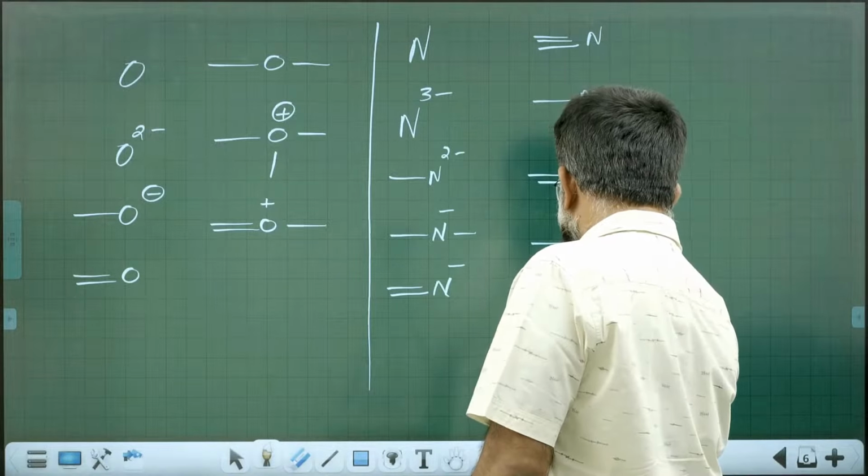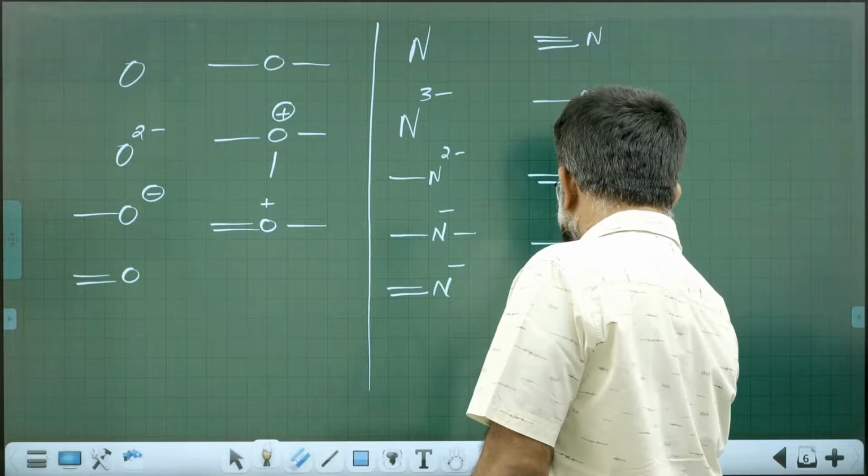There can be incomplete octet, there can be odd electron systems, and there can be expanded octet. You see that? There is a possibility of expanded octet. Look at phosphorus in PF5. You can find bond pairs 1, 2, 3, 4, 5.